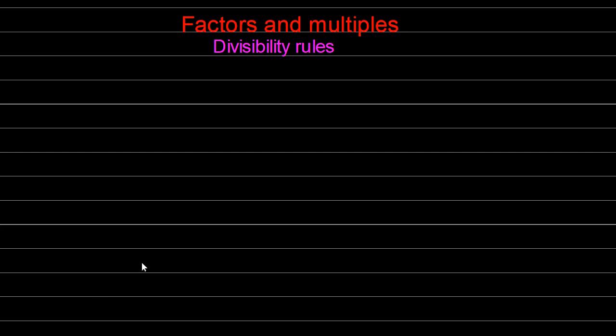Now in the second part we have some points like divisibility rules. These divisibility rules are very useful in questions like, suppose, is 25 a multiple of 5 or not?